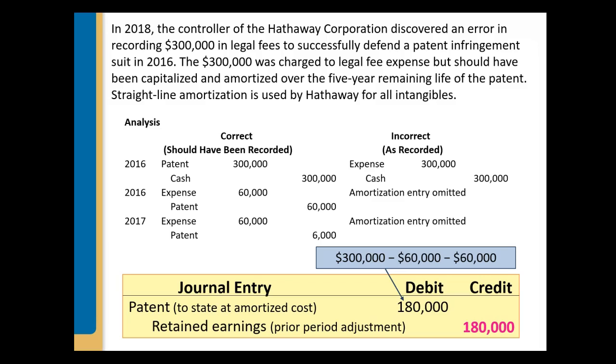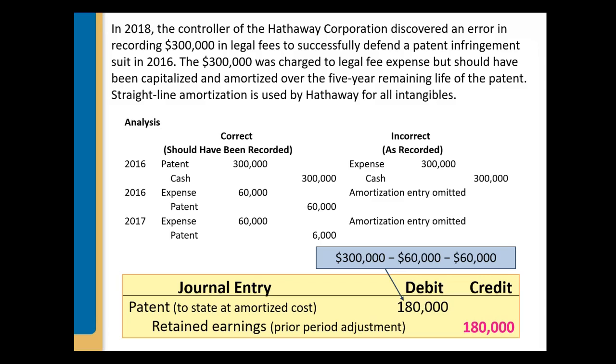Because retained earnings is one of the accounts incorrect as a result of the error, a correction to that account of $180,000 is reported as a prior period adjustment to the 2018 beginning retained earnings balance in Hathaway's comparative statements of stockholders' equity. Assuming that 2017 is included with 2018 in the comparative statements, a correction would be made to the 2017 beginning retained earnings balance as well.